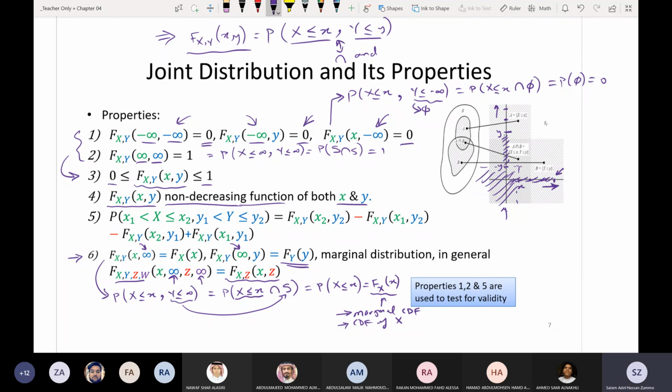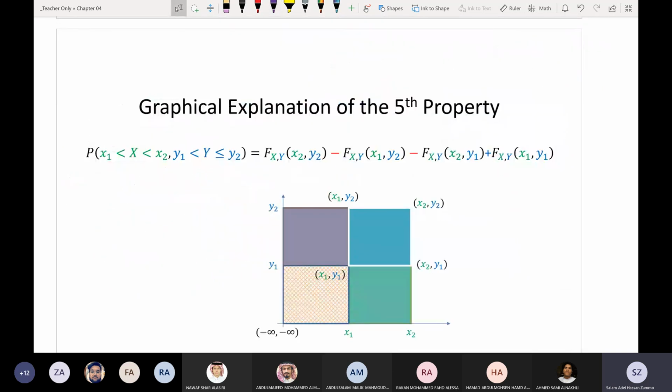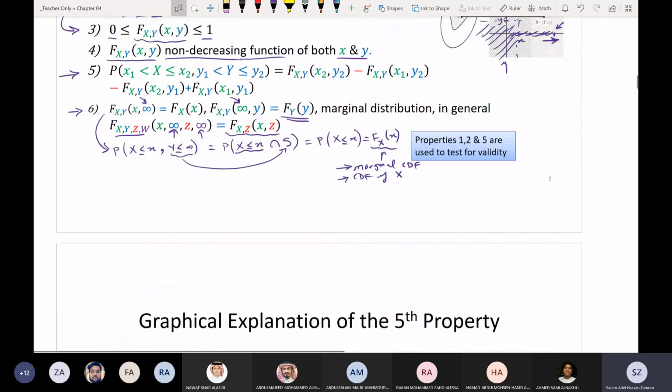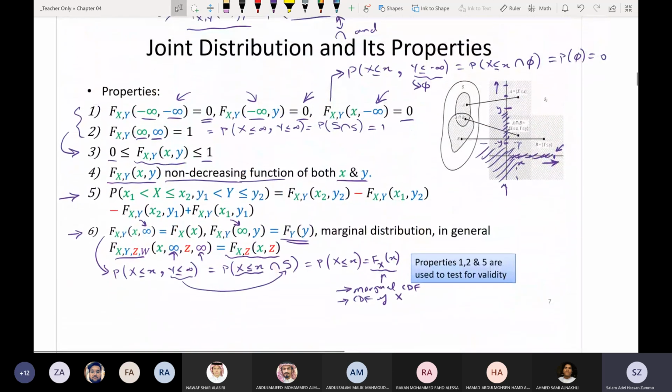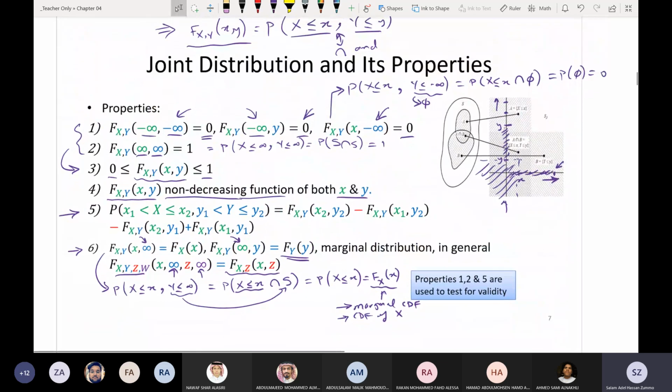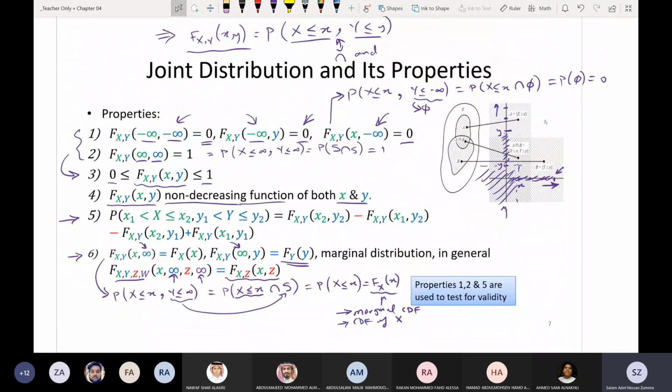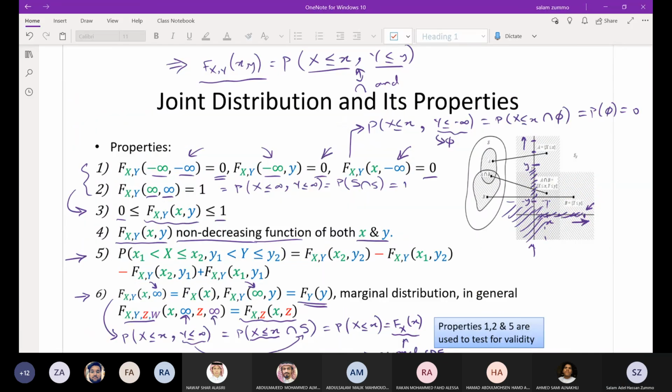So next time, inshallah, we'll talk about property 5 and illustrate it in a graphical way so that it is very clear to you, and we'll continue with the joint CDF. Any questions? I think time is up already.